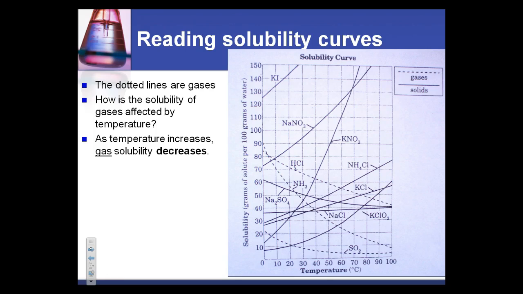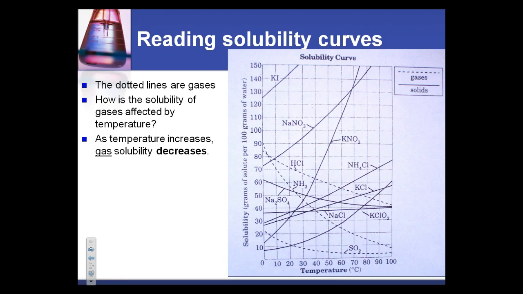And that's important. A lot of times what they'll have on a final exam or something like that is this graph, except the dotted lines will also be solid. And then they would ask you which one of these is most likely a gas?